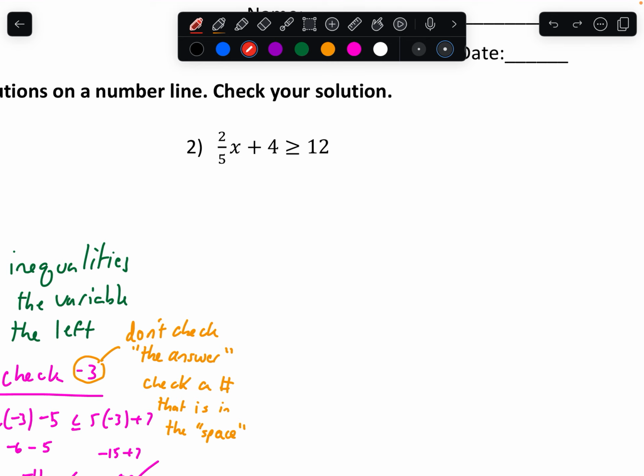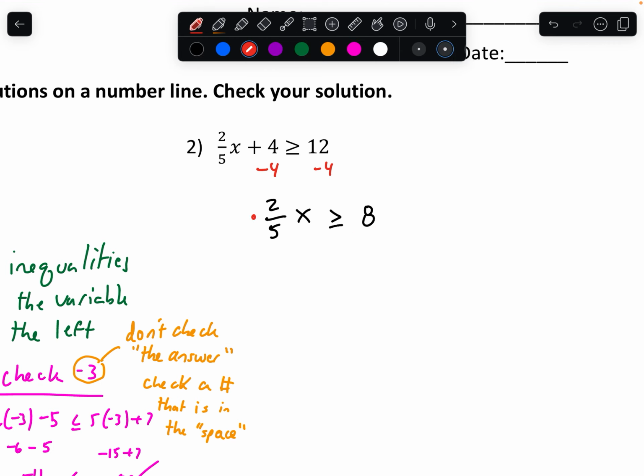So I want to get x by itself, so I'm going to subtract 4 here. So I get 2/5 of x is greater than or equal to 8. And to get rid of the fraction here, this fraction is multiplying, so you may be tempted to divide by 2/5, which is not a good thing to do because most people are not very good at dividing by fractions. So what you do instead is multiply by the reciprocal.